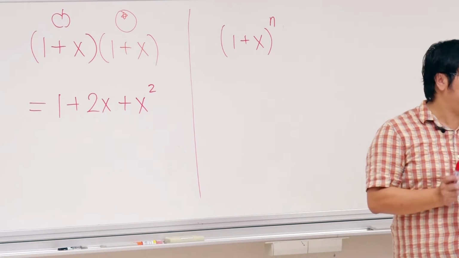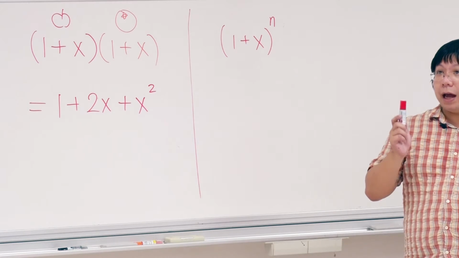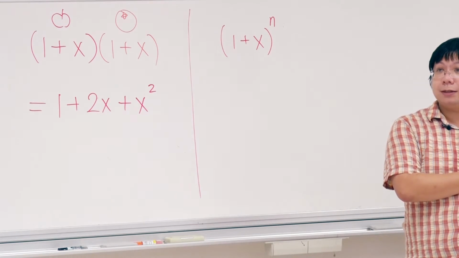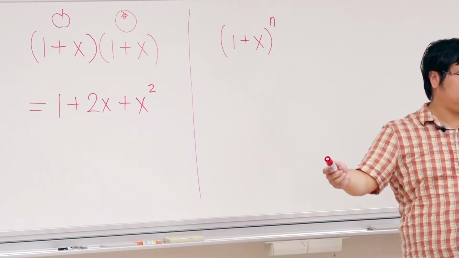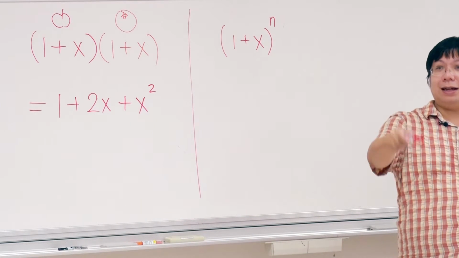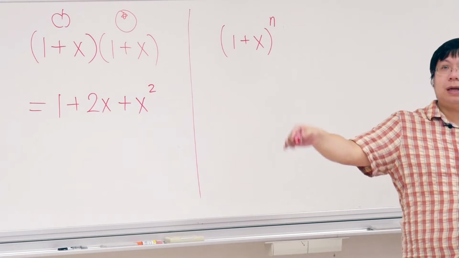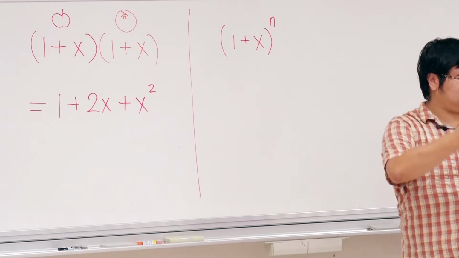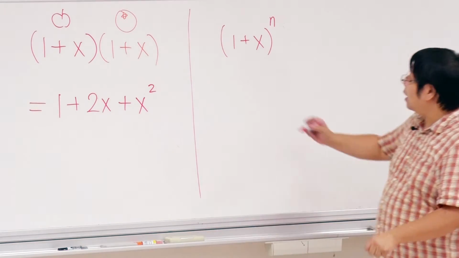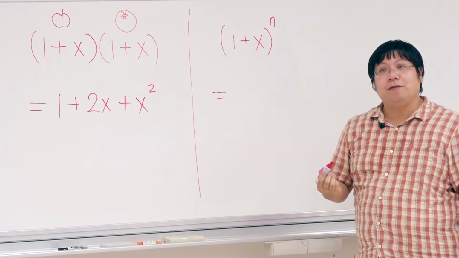So it is going to correspond to what? We have n different types of things. For each type, we can select or not select, select or not select, select or not select. And then this process will tell us how many ways that we can select. Okay? And then if we expand it, let's see if it makes sense or not.